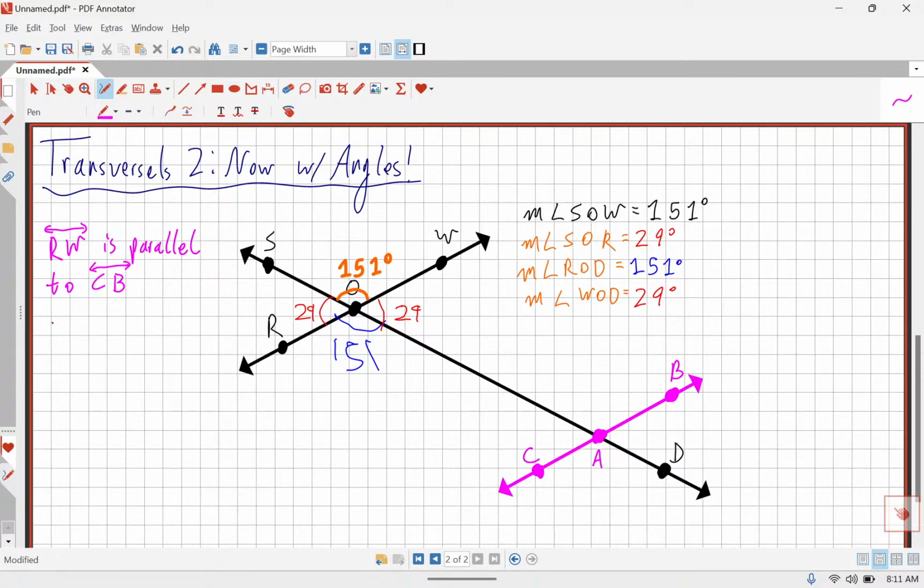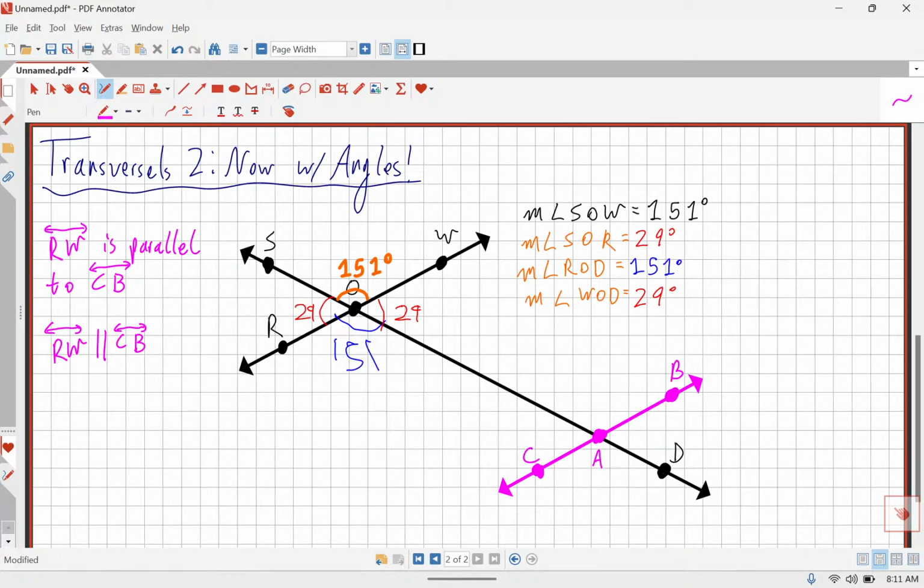Another way you could write that is you could just say RW and then the special symbol for parallel, 2 little ticks. Looks like an 11. CB. That's another way you can say that they're parallel. You can say RW is parallel to CB. It's just fancy ways to say it. This is not something that you should be like, oh, how did he get that?